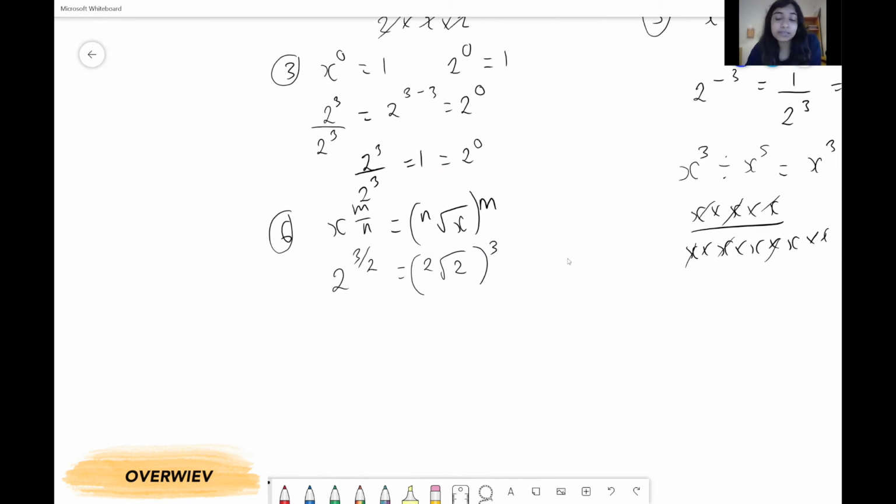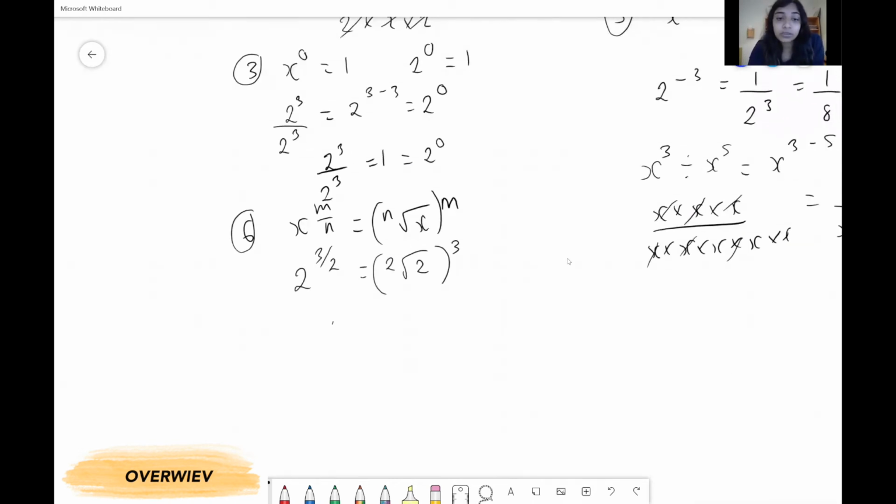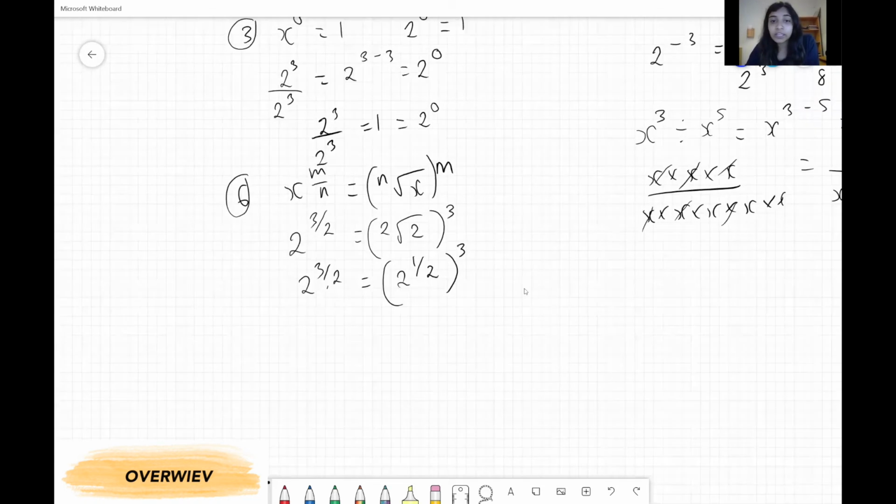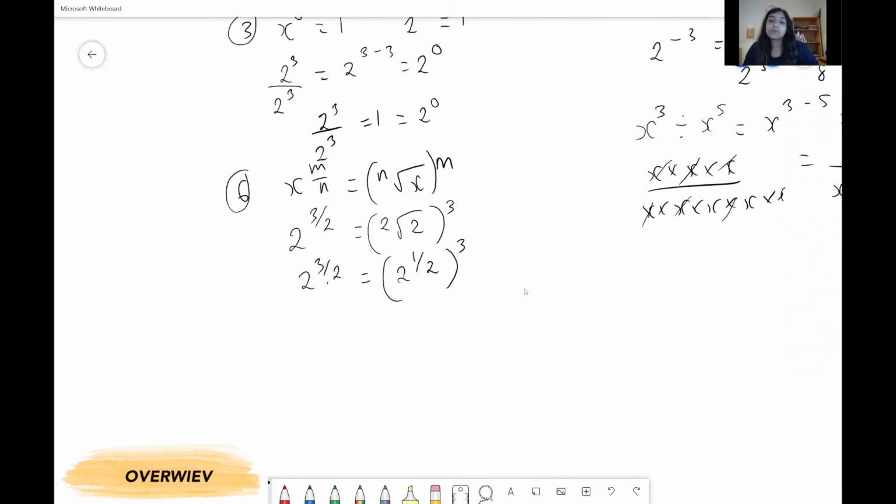To break this down and show you how this comes about, if you split up 2 to the power of 3 over 2, you could have 2 to the power of a half, all to the power of 3.